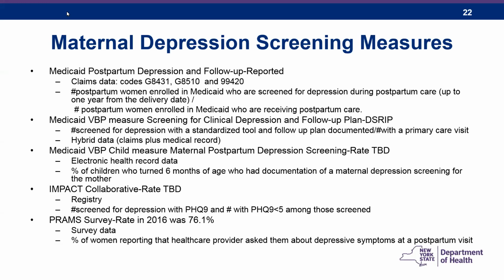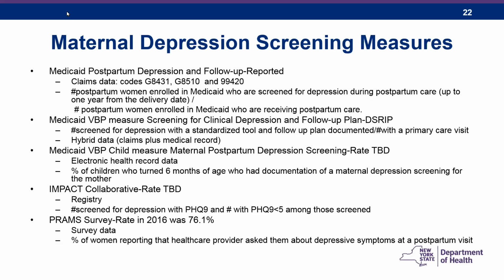This uses hybrid data, which means that they acknowledge that the claims are not reflective of the totality of screening, and it is supplemented with a review of medical records, so it's somewhat infeasible and unwieldy, burden intensive to collect this measure.